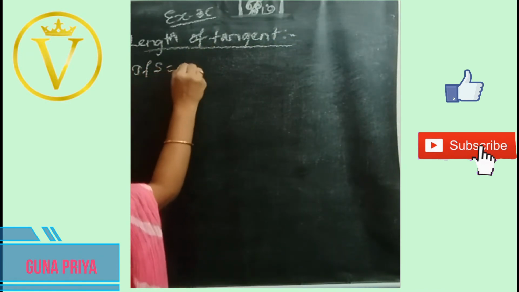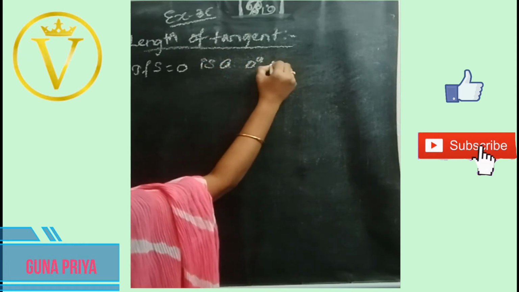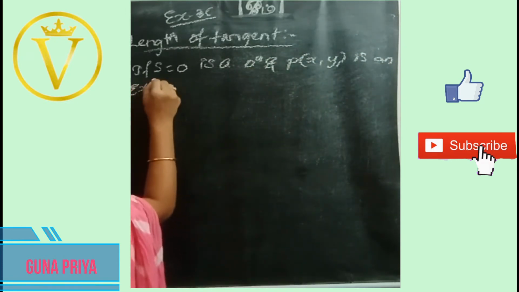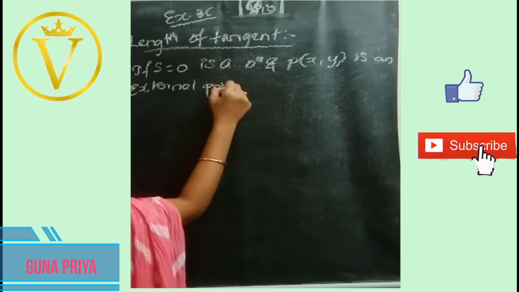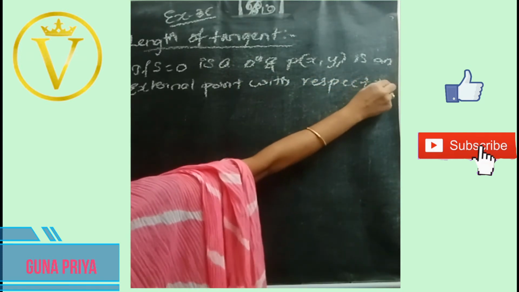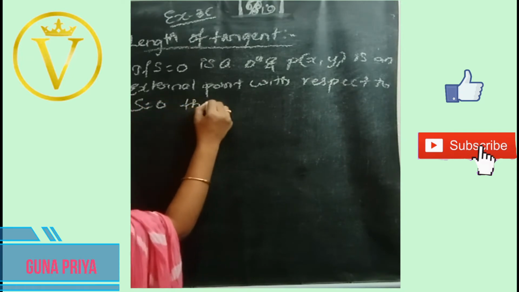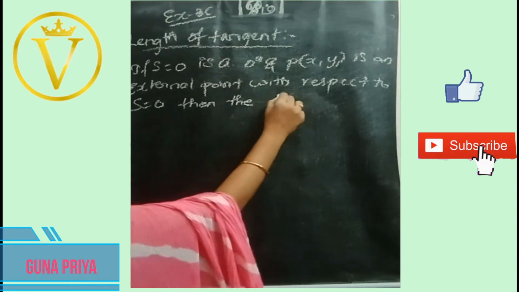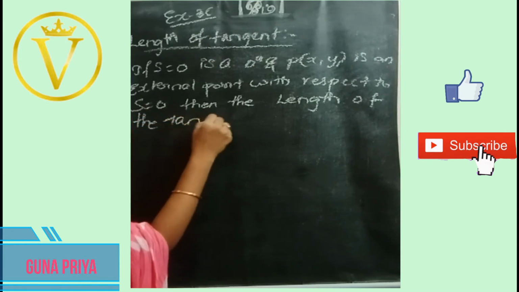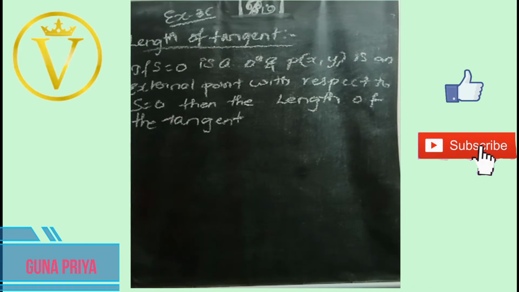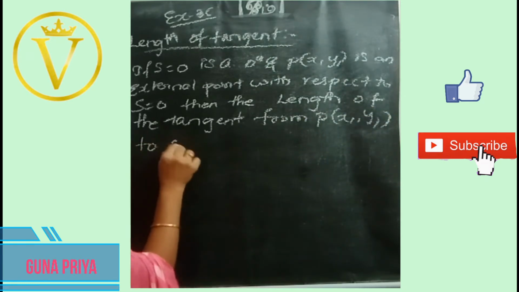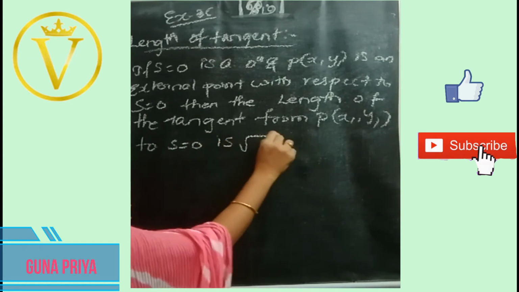If S equals to 0 is a circle and P of x1 comma y1 is an external point with respect to S equals to 0, then the length of the tangent from P of x1 comma y1 to S equals to 0 is root of S11.